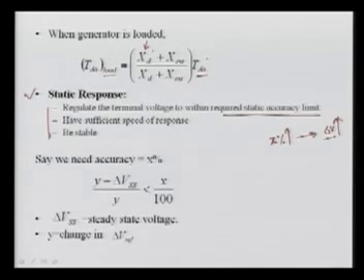So we try to minimize that. For example, initially it was 1 per unit, and now we change the reference from 1 per unit to 1.05. This value should also change to 1.05, so the difference is reflected. Then we can say the error is 0.